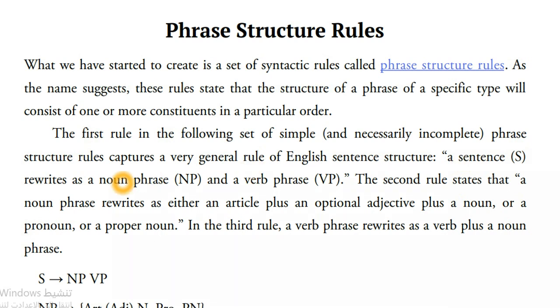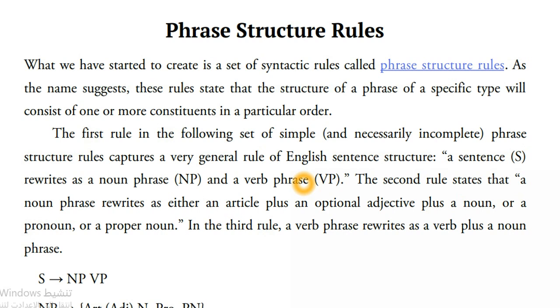When we write noun phrase, it means we recognize in the sentence there is a noun phrase. That's why we put NP, meaning noun phrase. And when we have verb phrase, we put VP.